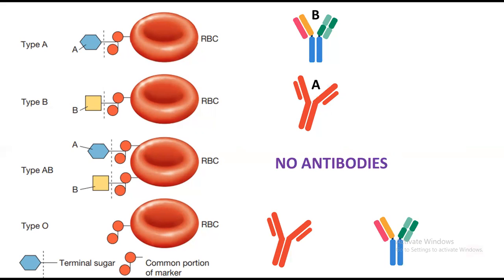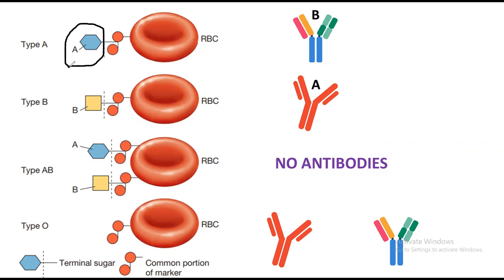Keep this in mind: for example, if a person has blood group A, he should have antibodies B. Just look here at this part of the RBC, the red blood cell.